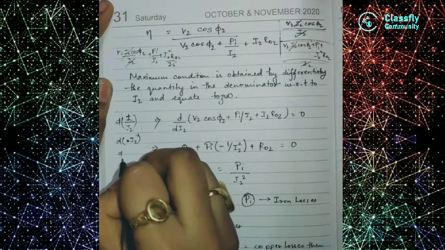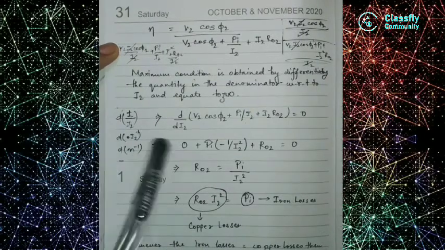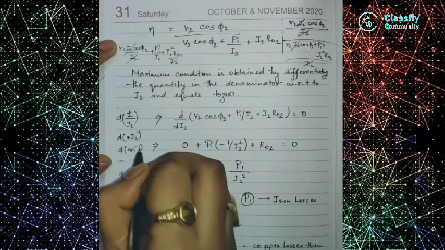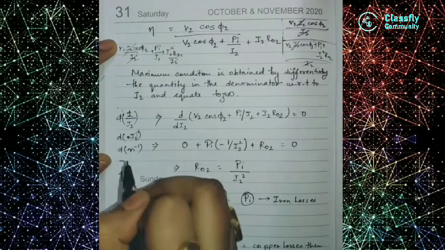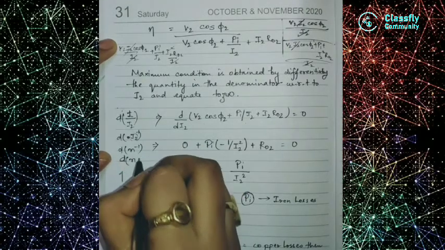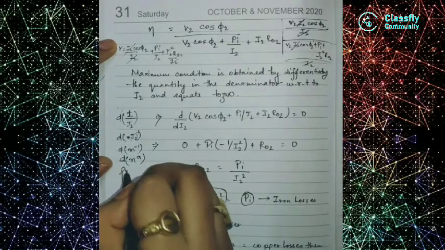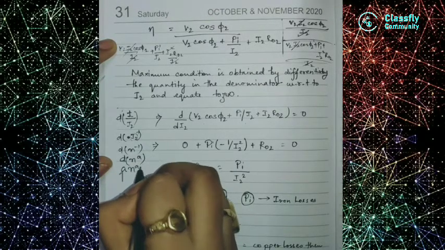So we know the differentiation of n to the power a. If I represent I2 as n and minus 1 as a, then the differentiation is a times n to the power a minus 1.